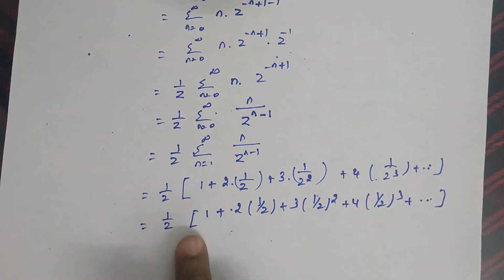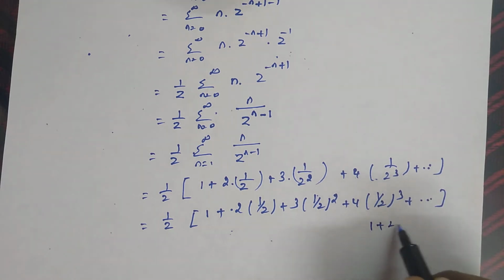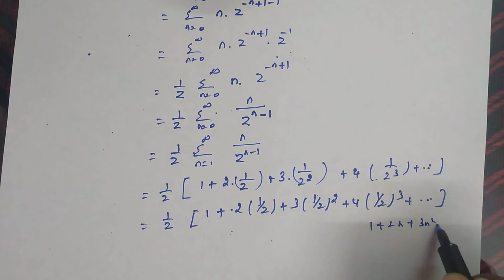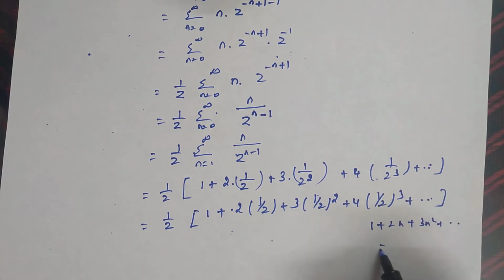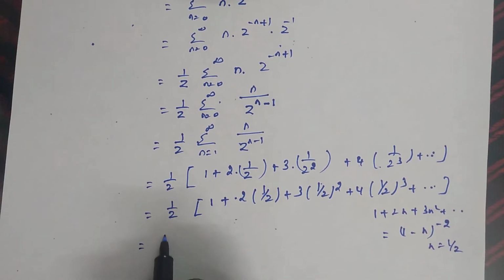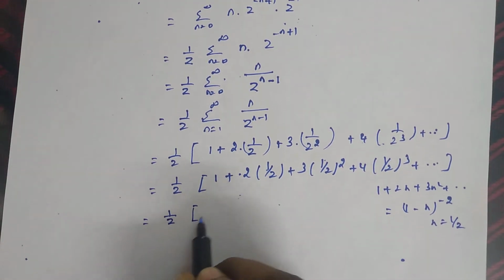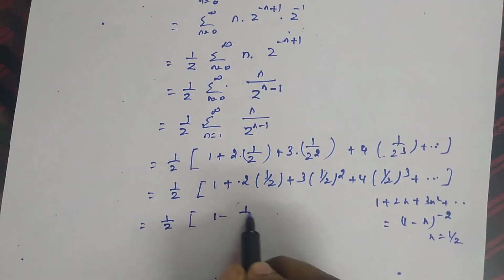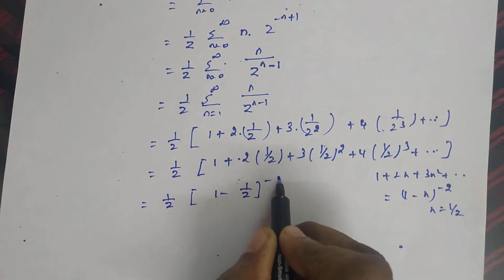Now this is of the form 1 plus 2x plus 3x square plus etc. Which is equal to what? Which is equal to 1 minus x power minus 2. In the place of x we have 1 by z. So which is equal to 1 by z into 1 minus 1 by z whole power minus 2.